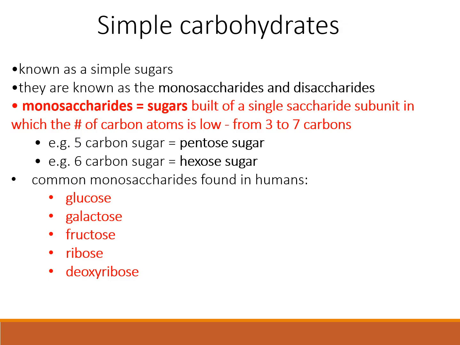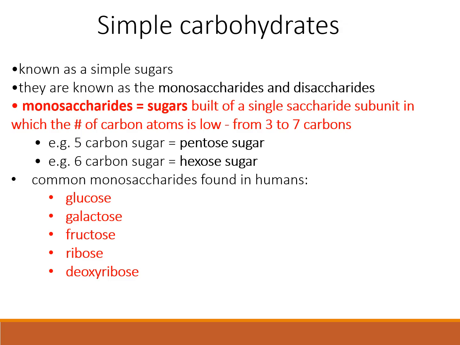The simple carbohydrates, or your simple sugars, are known as your monosaccharides and disaccharides. Now, a monosaccharide is a single saccharide subunit in which the number of carbons is pretty low. So a monosaccharide can be built usually anywhere from about 3 carbons to 7 carbons. For example, in humans, the common monosaccharides are 5 carbon sugars called pentose sugars, and the 6 carbon sugars known as hexose sugars.